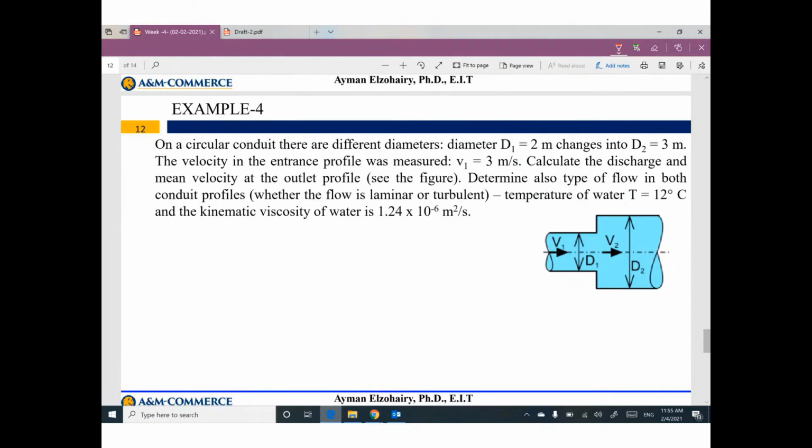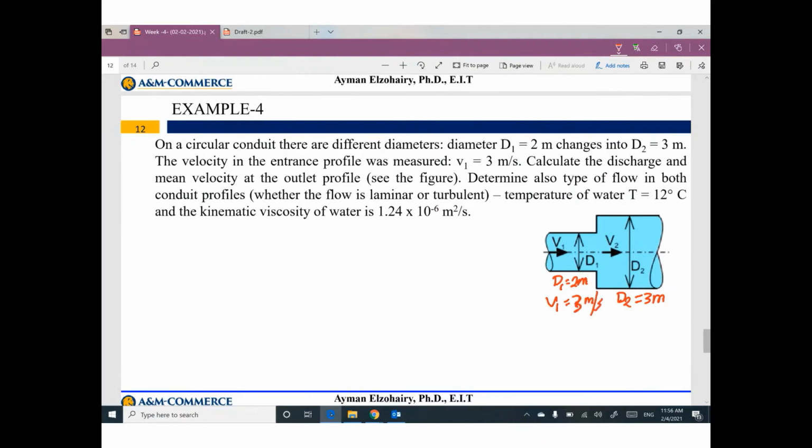There are different diameters. D1 equals 2 meters, and it changes into D2, 3 meters, for some reason. The velocity in the entrance profile was measured, V1, 3 meters per second.